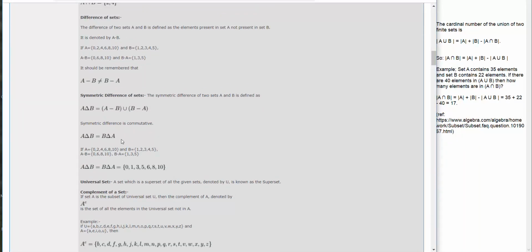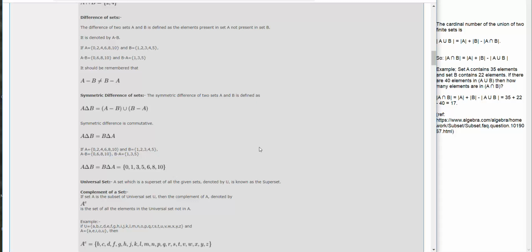Okay, so let's go for the intersection now. The intersection is 2 and 4. So the union is all these elements minus 2 and 4.